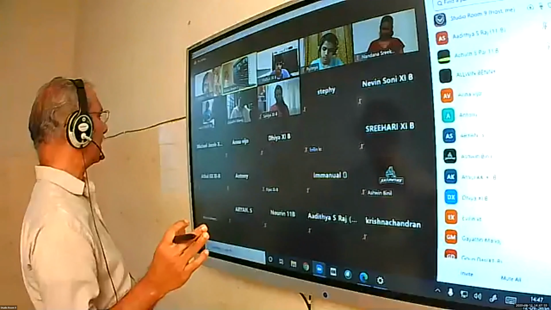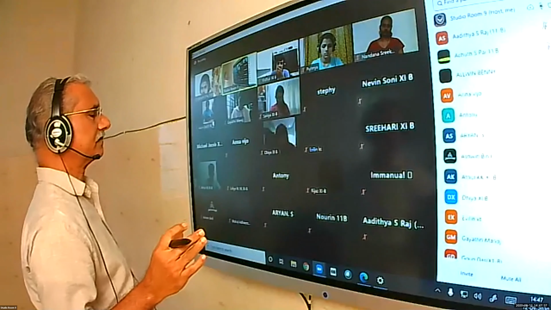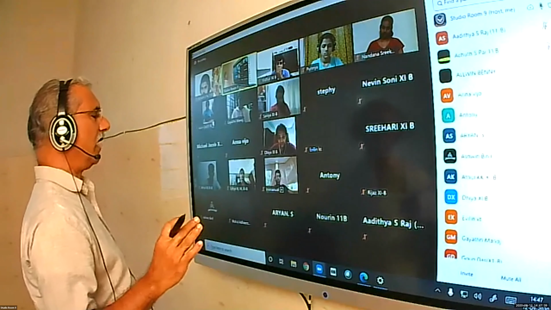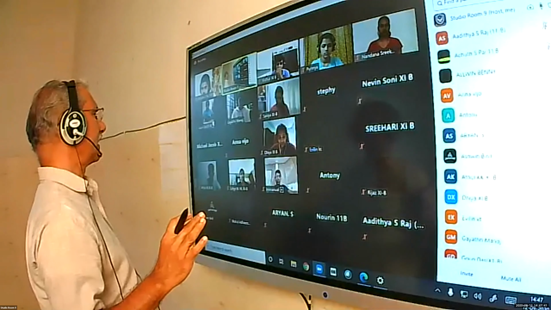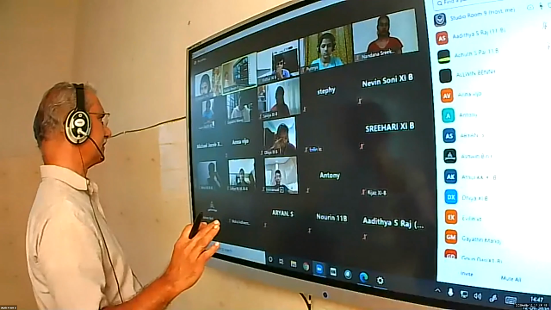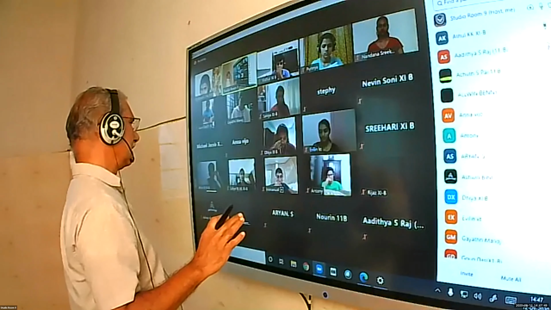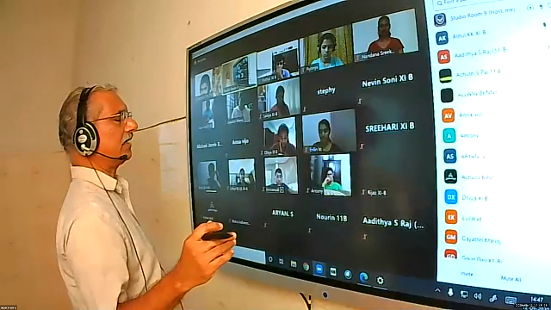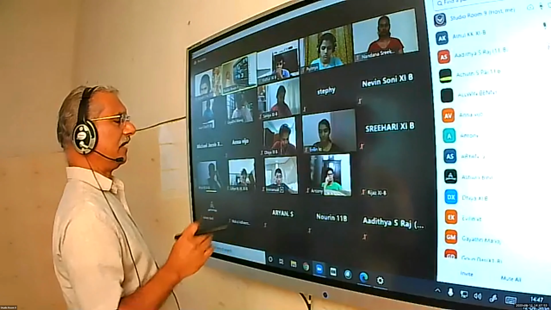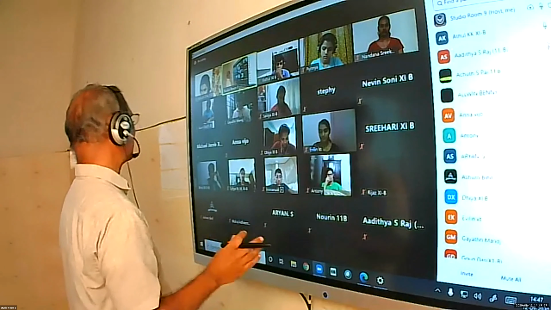Anthony, Atul, Emmanuel, Evelyn, what is the variation of atomic radius along a period? From group 1 to 17, from left to right, in general, the atomic radius decreases.